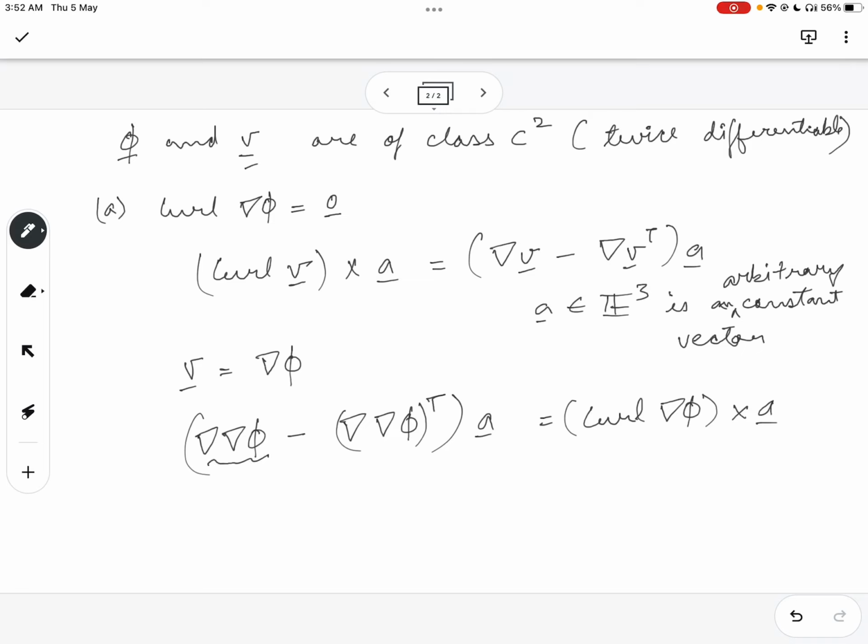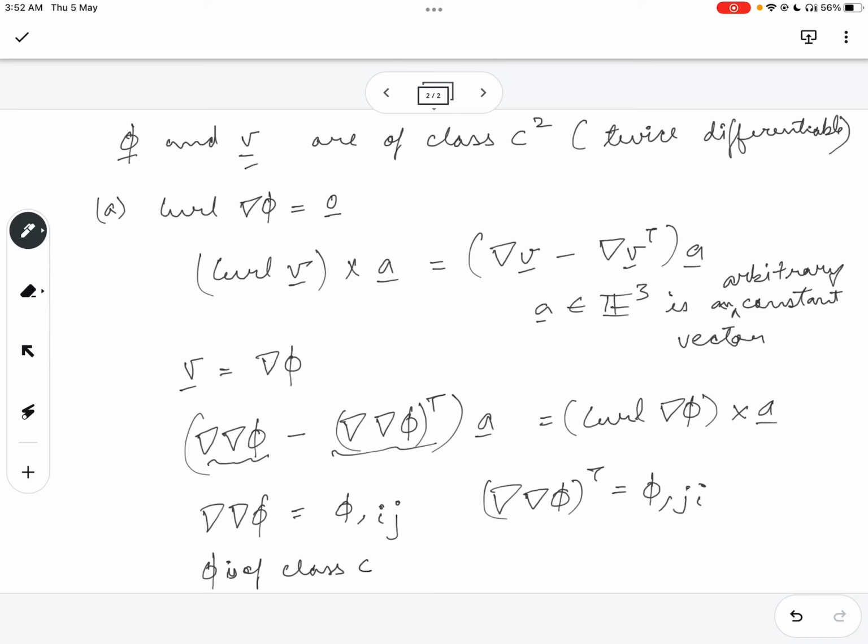Now this can be checked. What is gradient of phi? This is phi comma ij, and gradient of phi transpose is phi comma ji. So as phi is of class C2, this implies that phi comma ij is equal to phi comma ji. That is, gradient of phi is symmetric.